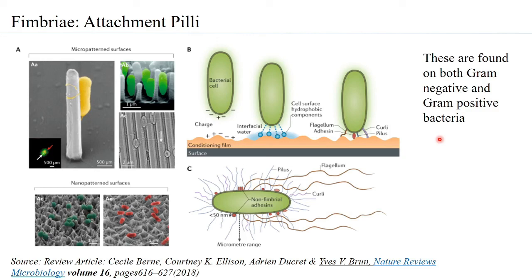Lots of studies have shown that a large population of gram-negative bacteria have fimbriae, and it is relatively much less in gram-positive bacteria, but not that gram-positive bacteria do not have fimbriae. Even gram-positive bacteria have fimbriae.